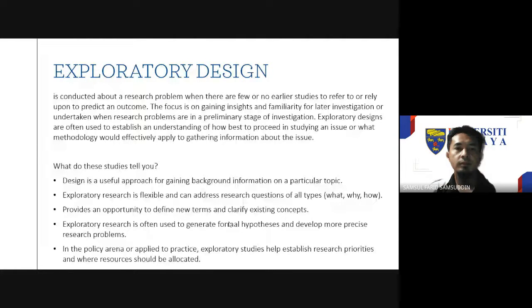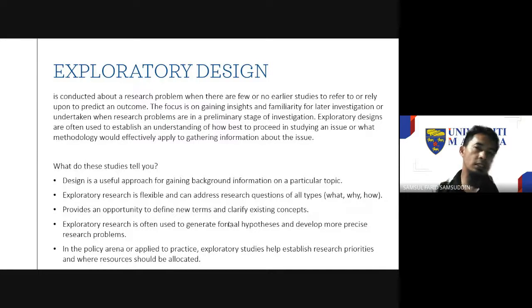All right. So the exploratory design. Okay, so what is an exploratory design? It is conducted about a research problem when there are few or no earlier studies to refer to or rely upon to predict an outcome. So it is a very basic design, where you have questions to be asked which you cannot find answers to anywhere else.